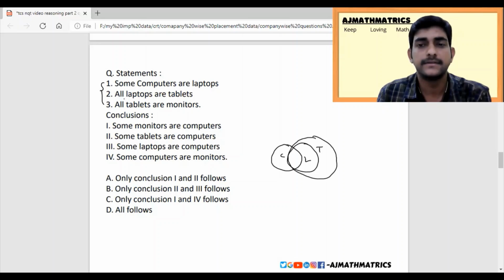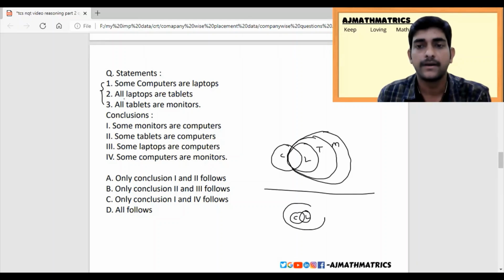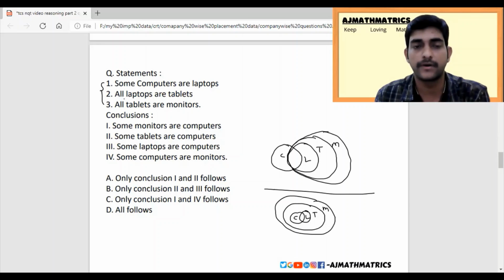Next, all tablets are monitors, so I can write like this. So this is one way of doing, and the other way of doing is some computers are laptops, all laptops are tablets, all tablets are monitors. Okay, these are 2 possible diagrams, and we are just checking in which diagram it is true or false.